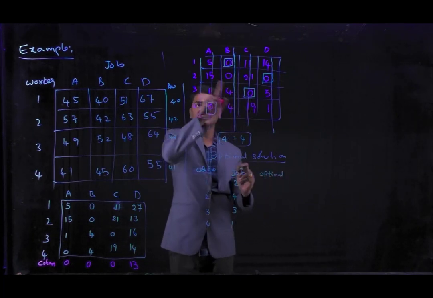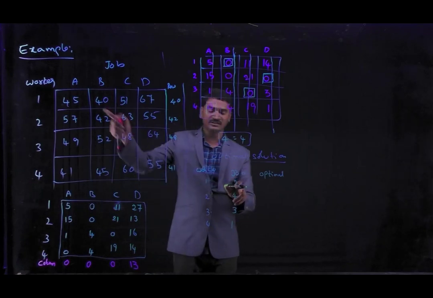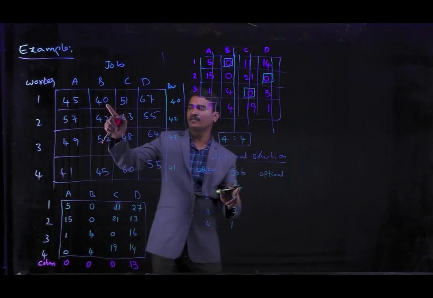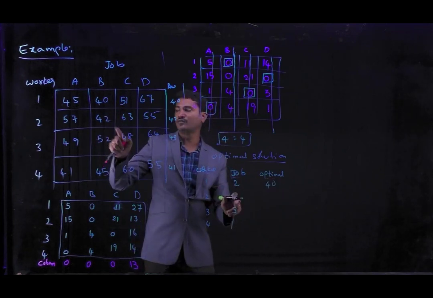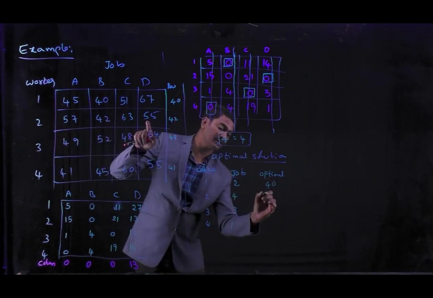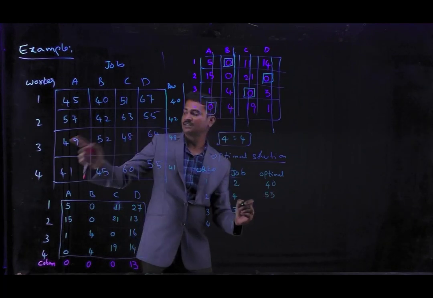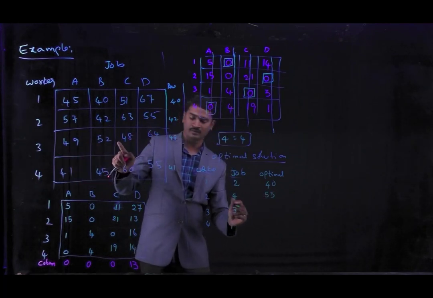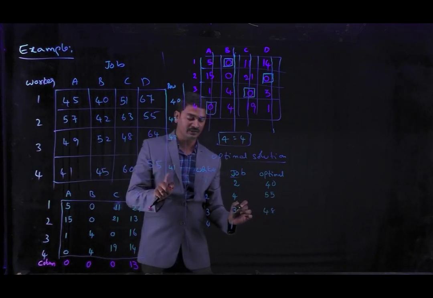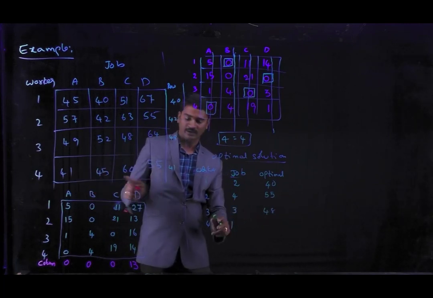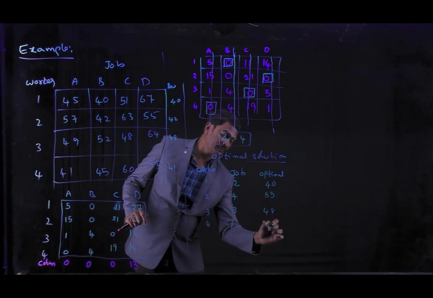Here we have taken these hours. Coming to the initial table, at job 2, how many number of hours are there? 40. Next, 2 to 4, how many hours are there? 55. Next, here how many hours are there? 48. Next, at 1, 41.